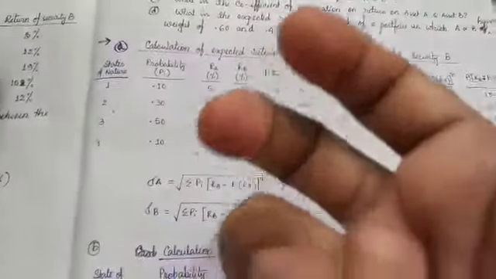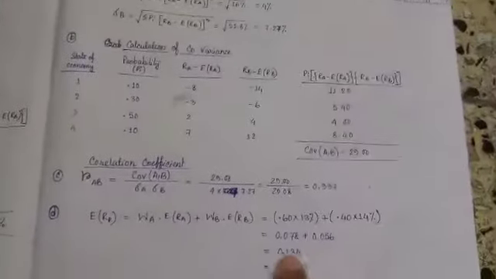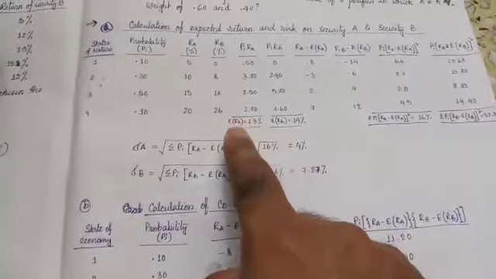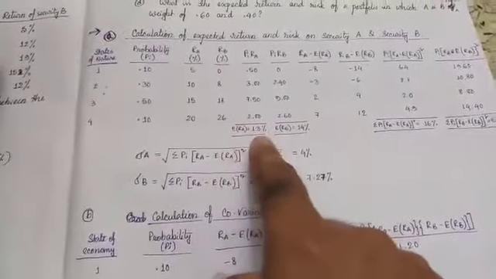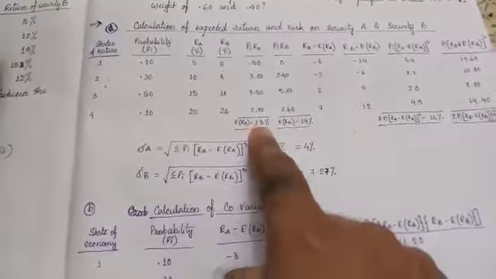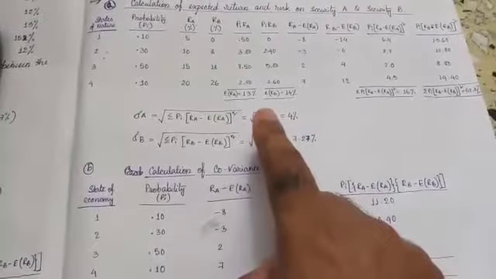Now after constructing the portfolio, the expected rate of return from the portfolio comes to 13.4%, which is more than the minimum return security, that is security A. Here the return from security A was 13%, but the portfolio return is more than 13%, 13.4%. Now the risk of the portfolio comes to 5.3%.